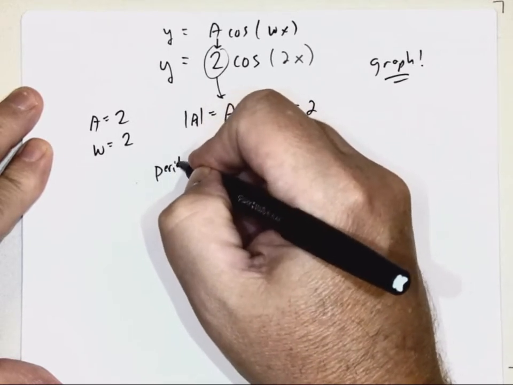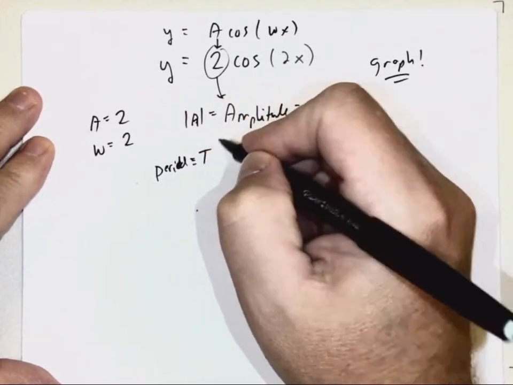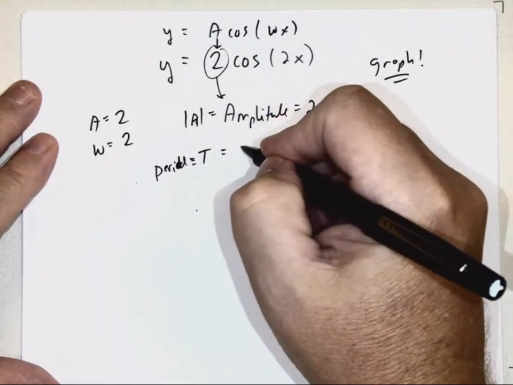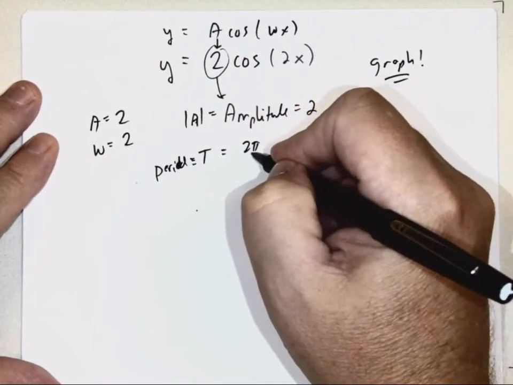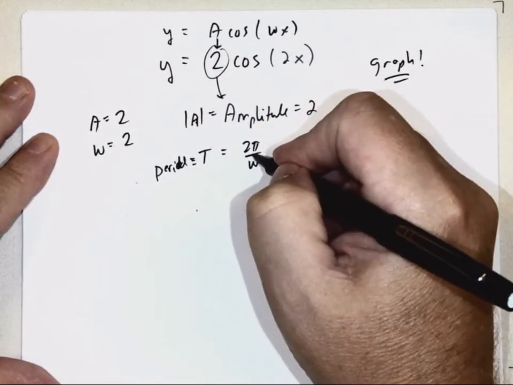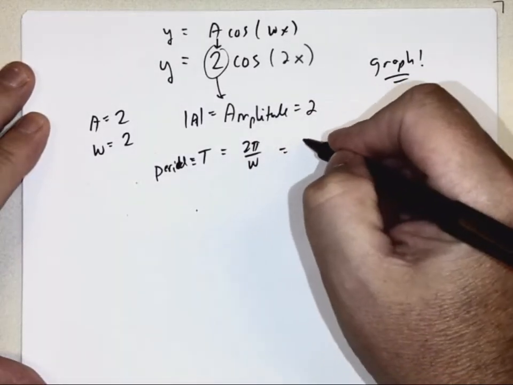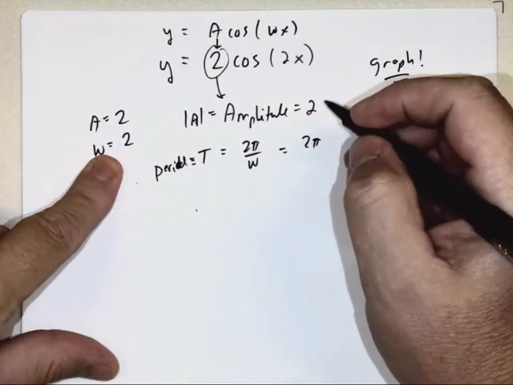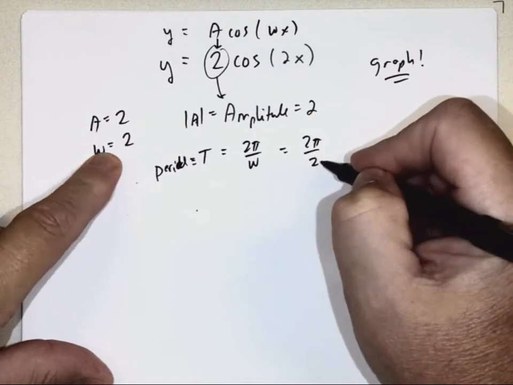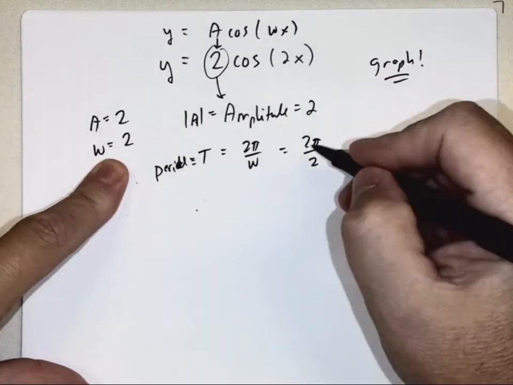Remember, we call T the period. And here's this little equation. You're going to have to memorize that for the test. You will not be told that. So the period equals 2 pi over omega. From our equation, omega is 2, so the period is 2 pi over 2.